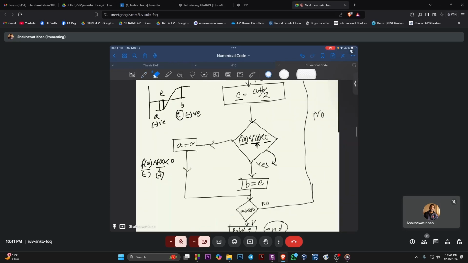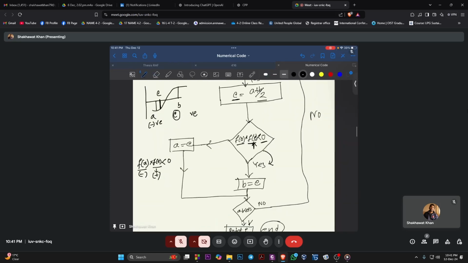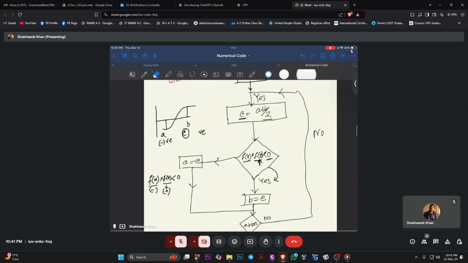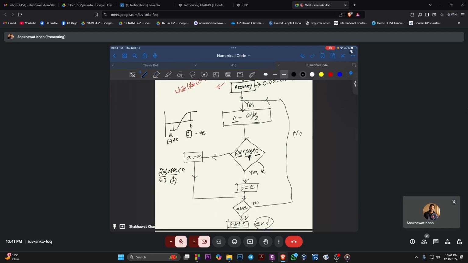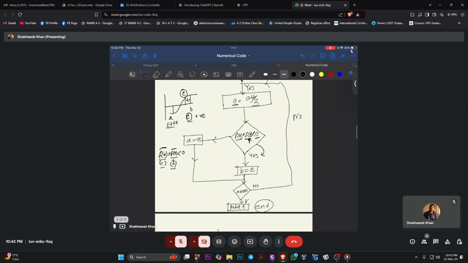Sorry, I just missed it. If my c value is positive, then this would be c. So if f of a multiplied by f of c is negative, that means b tends to the solution, that is c. So we will swap the c value to the b.